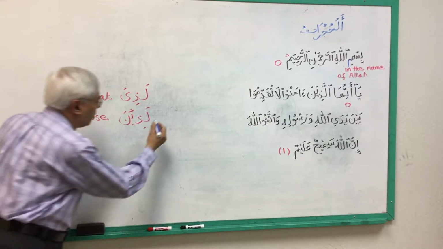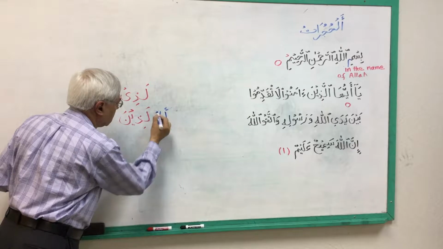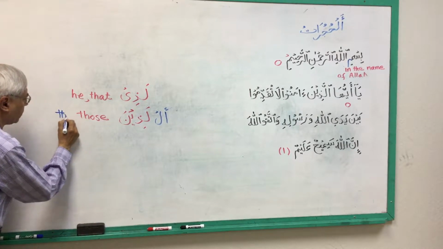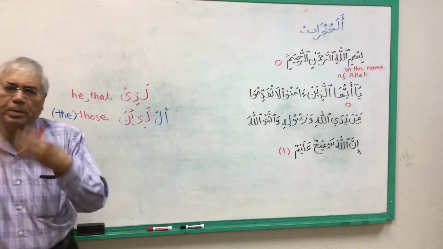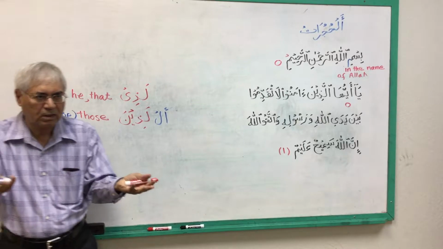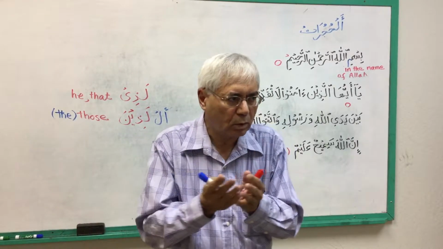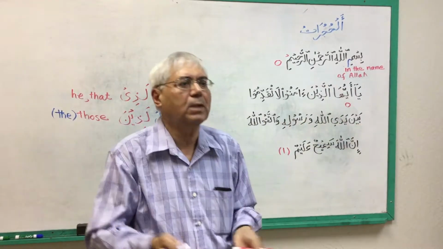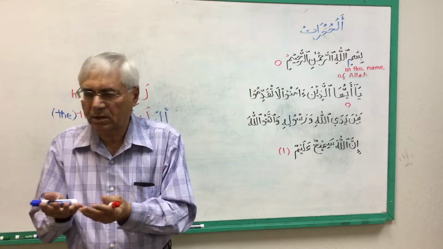Then we put Al before that. Al brings the meaning of the. So we are talking about some special people. The brings the special. So those is a pronoun, and now we're talking about some special people, because the brings the meaning of definiteness, noun.